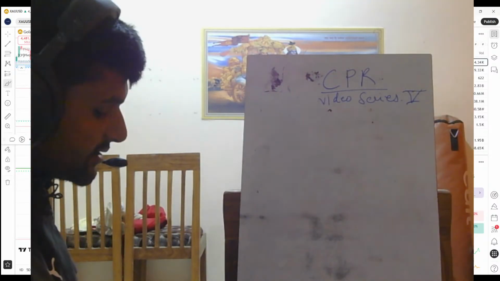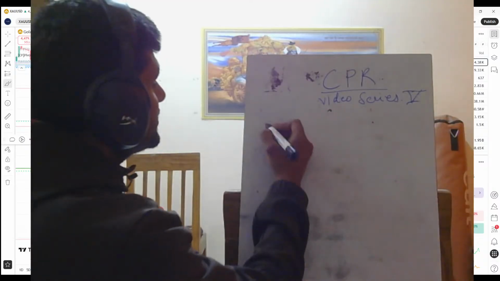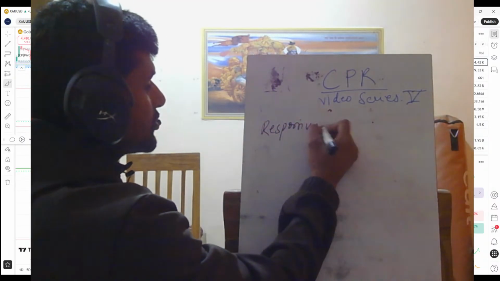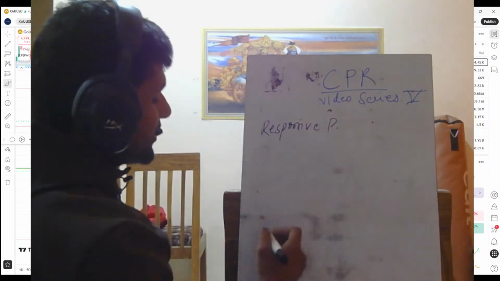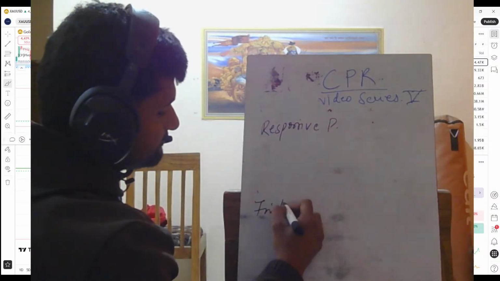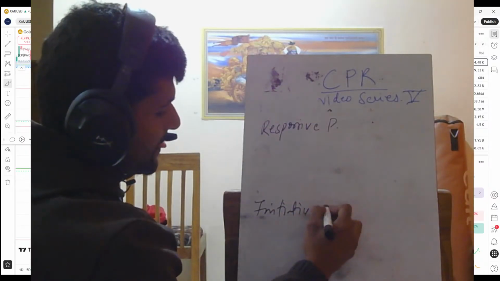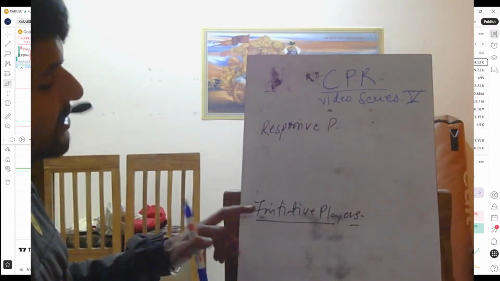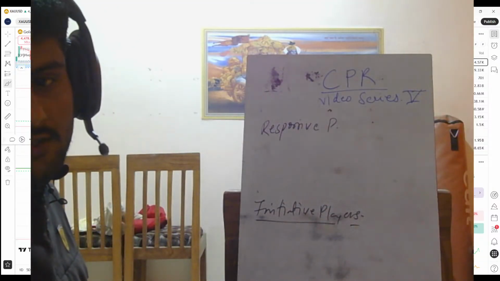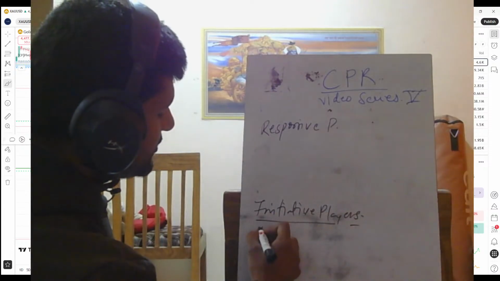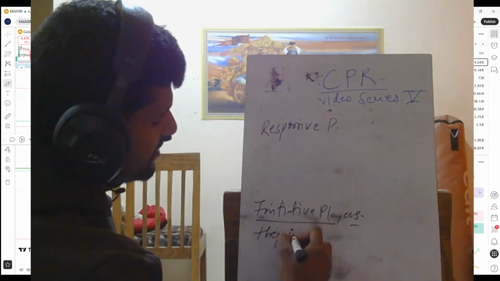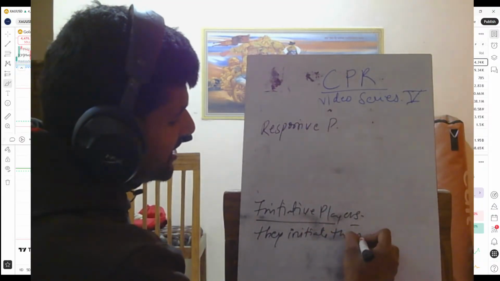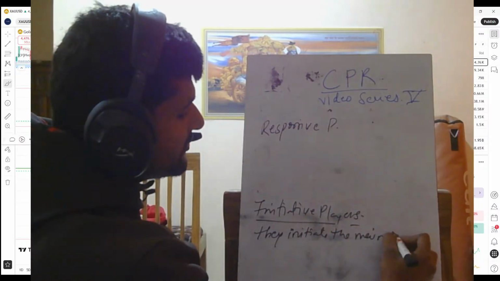So basically what we have learned, there are some players, responsive player and initiative. So basically initiative player, जैसे नाम से ही पता लग रहा है कि they initiate the main move.